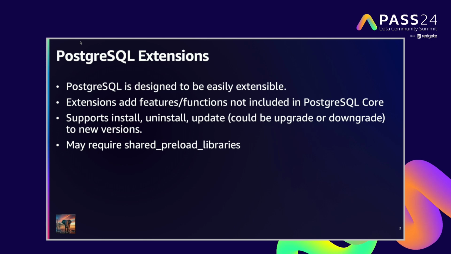For some of these extensions, you don't need to add anything to shared preload libraries for it to work. And for some of them, you do need to add it to shared preload libraries before you can actually create them and use them. So what are these extensions created with?